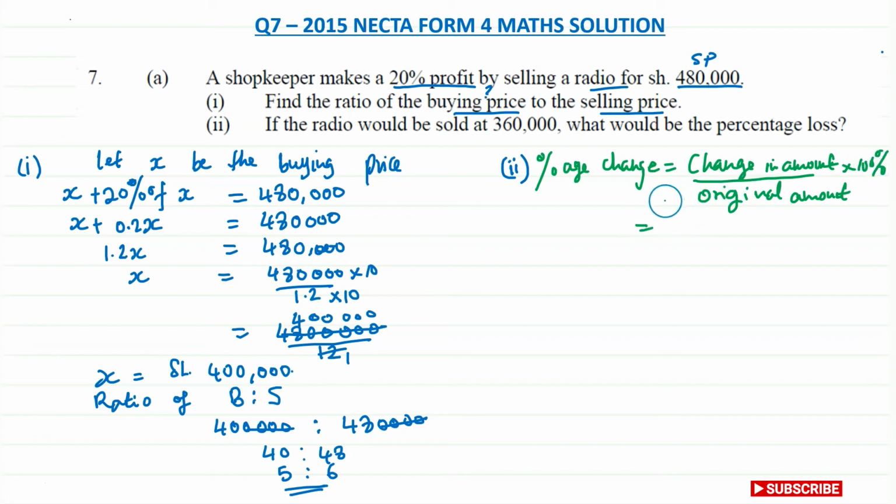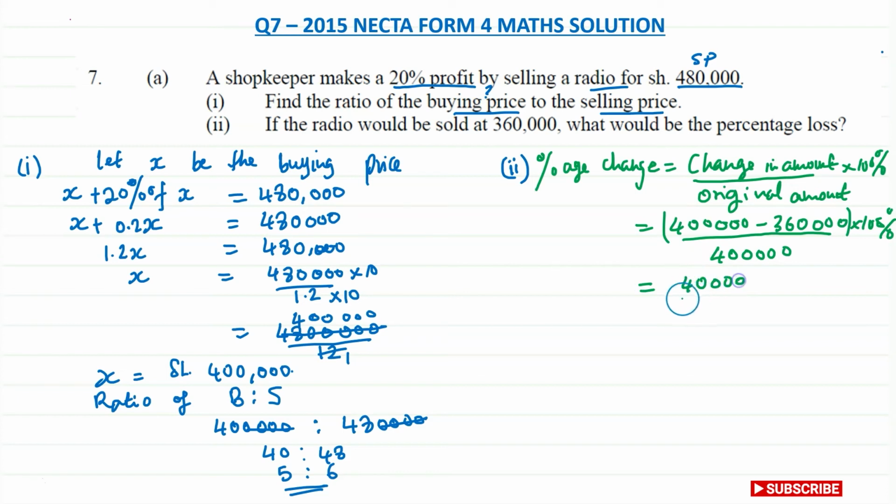Okay, so what's the change in amount? Well, there was 400,000, take away what we need to deduct if he or she is going to sell this at 360,000. Then divide by the original amount, which is 400,000, and everything here is multiplied by 100%. If you simplify this, you will get 40,000 divided by 400,000 times 100.